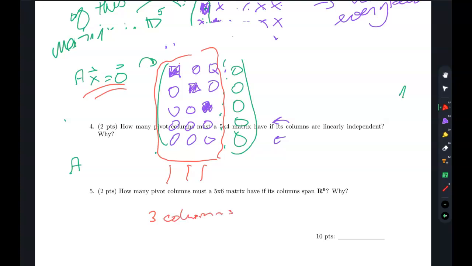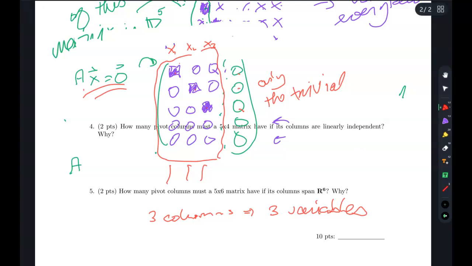So how many variables does that mean? I have 3 variables, one for each column, because this would have an x1 in front of it, this would have an x2, and this would have an x3. Well, how many solutions do I have? I have x1 is 0, x2 is 0, x3 is 0. So here I get only the trivial solution.